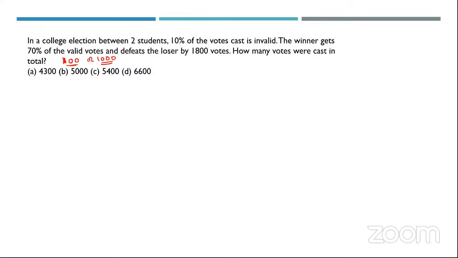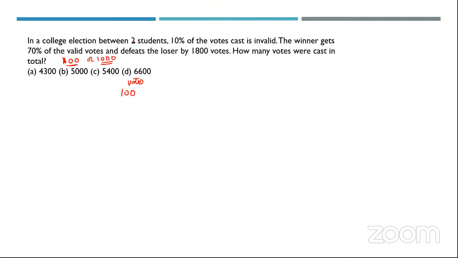What number you want me to assume, 100 or 1000? How should we proceed? Hundred. Okay. So let's say there were 100 votes, total votes.